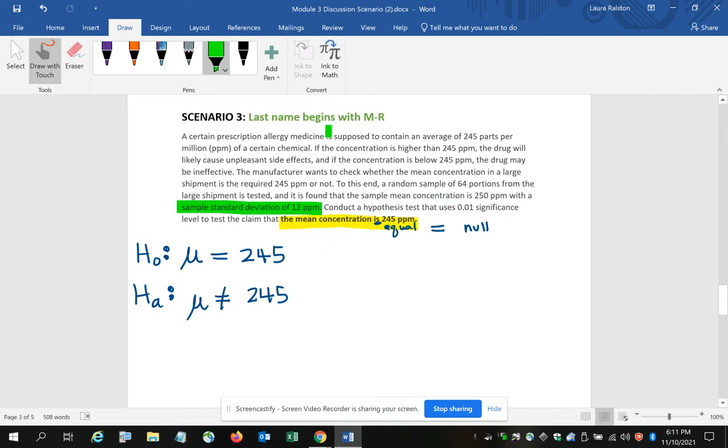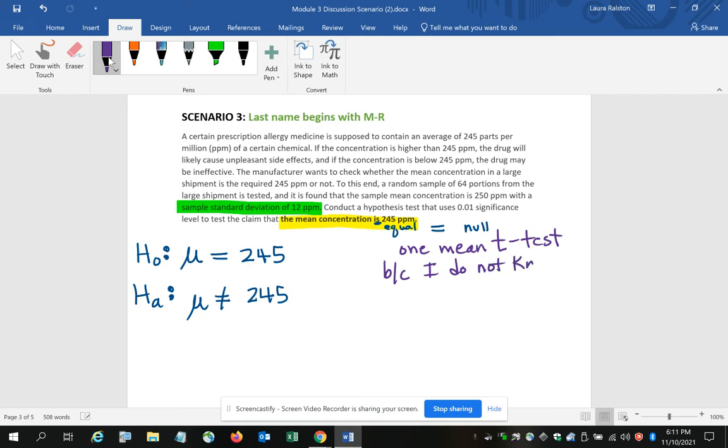Nowhere in this paragraph does it state or refer to the population standard deviation. So because of that fact, for this particular problem, we're going to do a one mean t-test, and we do that because I do not know the population standard deviation.